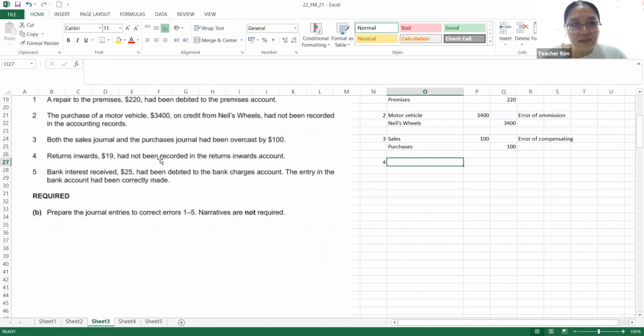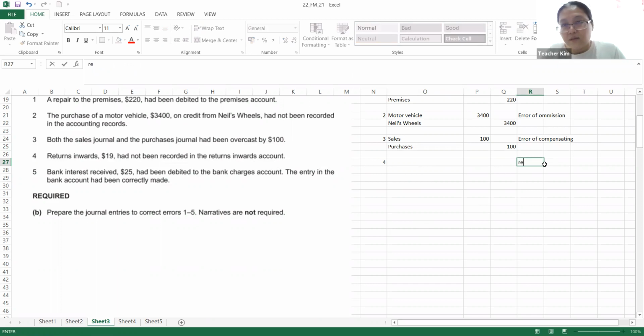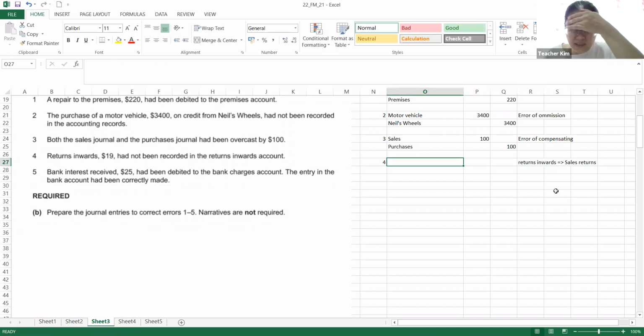Return inwards 19 has not been recorded. Return inward has not been recorded in the return. Okay, this is a one-side error. Return inward is a sales return. Okay, I think most of you, if not mistaken, you all put the return inward. That is fine.